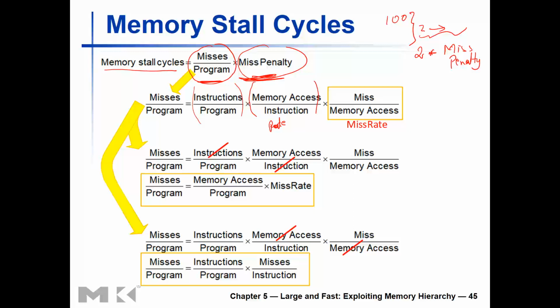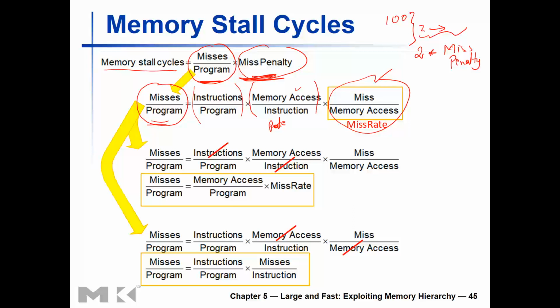And then we have to have the ratio of misses per memory access. This is the miss rate. So this is really what will count how many misses I have in my program: number of instructions times the rate of memory accesses times the rate of misses per memory access. That will give me the misses per program.